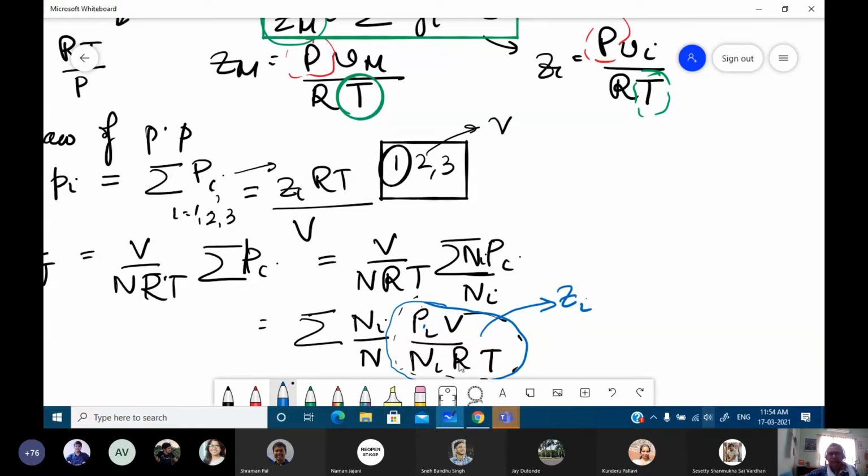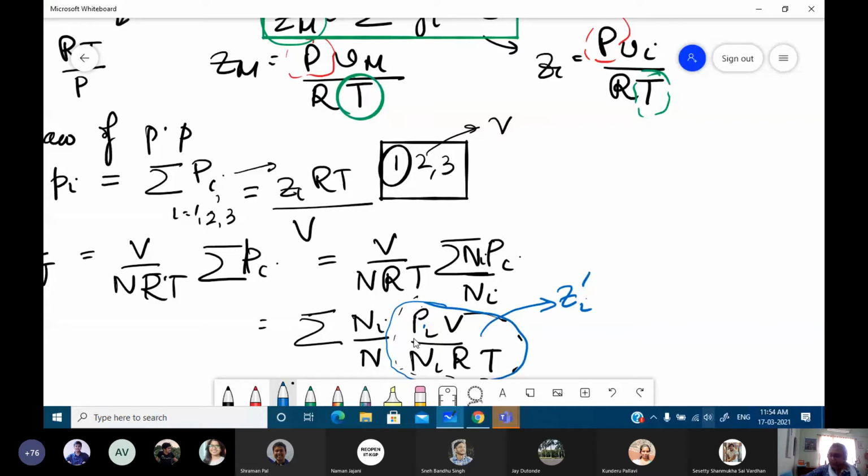Both are different. Both are Zs, but they are different Zs. One Z was defined at the pressure and temperature of the mixture. The other Z was defined at the temperature of the mixture, but at the pure component pressure.